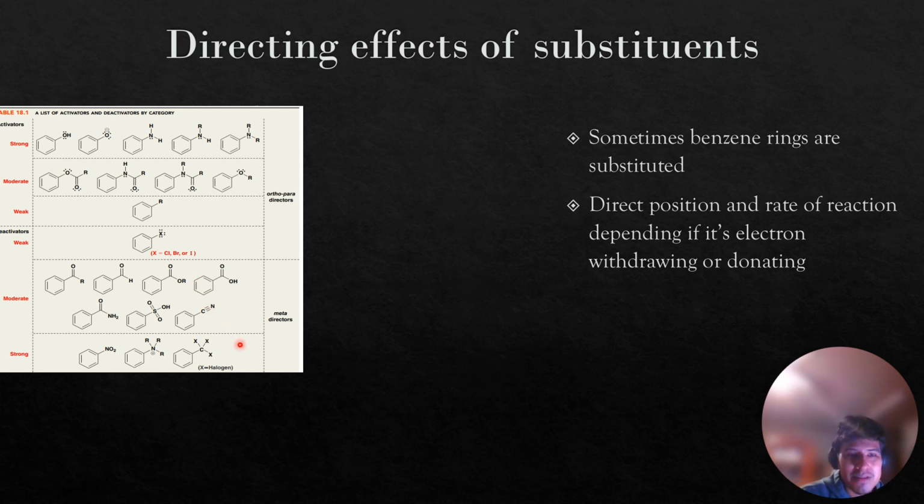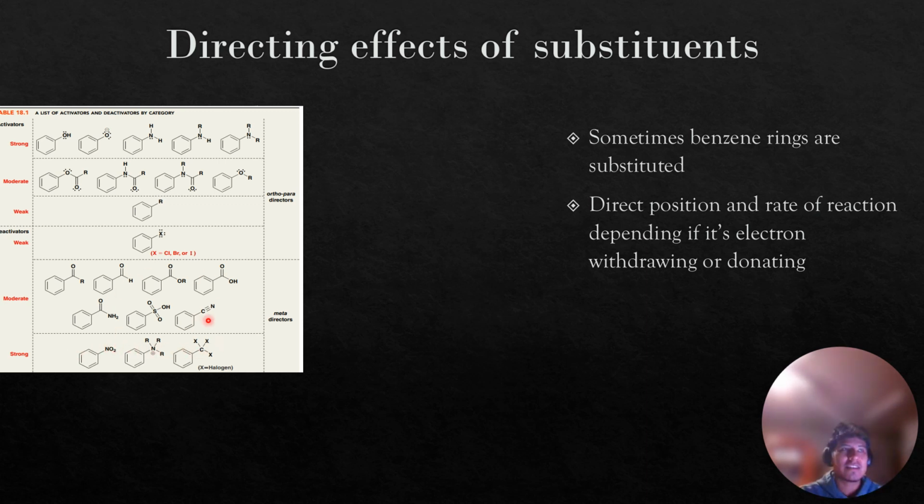A lot of the time, sterics come into play, but when it's a deactivating group, an electron withdrawing group, it is in the meta position. These are called deactivating groups because they deactivate the benzene ring, causing a slower reaction.